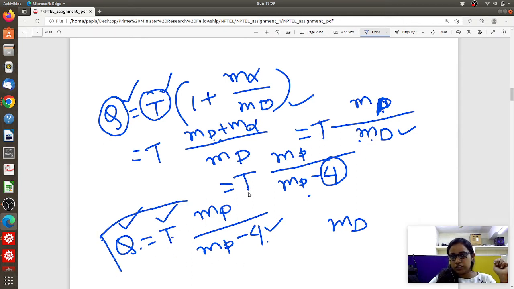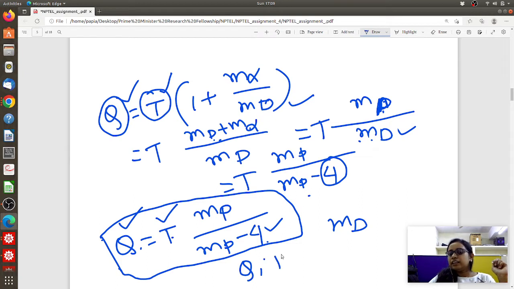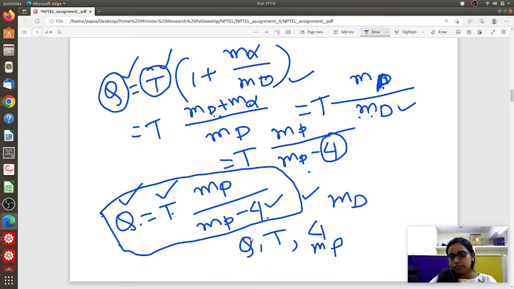So Q equals T into MP by MP minus 4. Q is given, T is also given, and 4 is obviously known, it is a number. So we can find the value of MP. If I put in the values of T and Q, we can find MP.